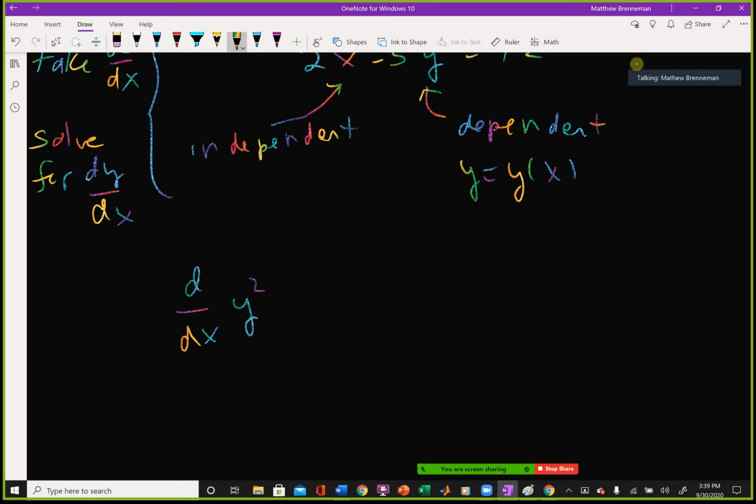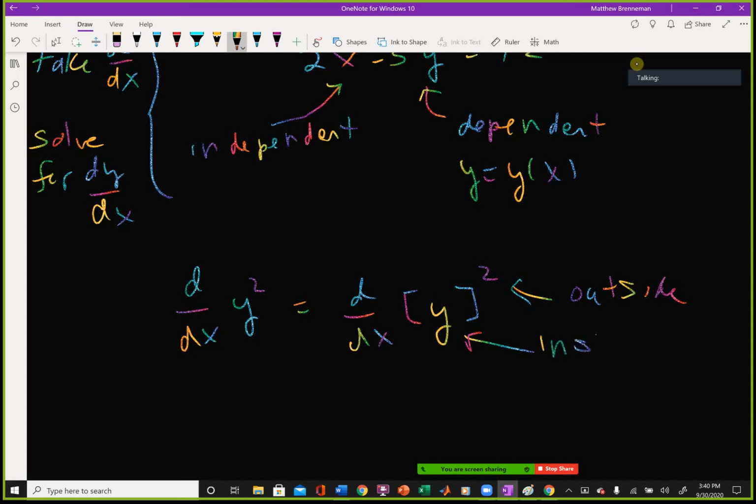I'm going to think about this as the derivative with respect to x, where my outside function is the square function, and my inside function is y of x. So this is my outside function, and this is my inside function.